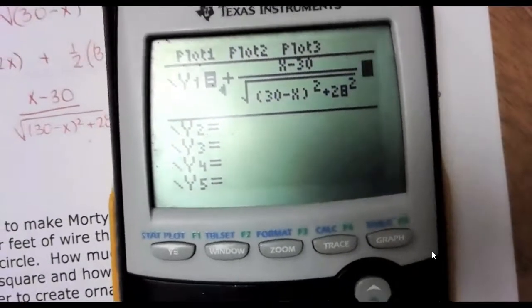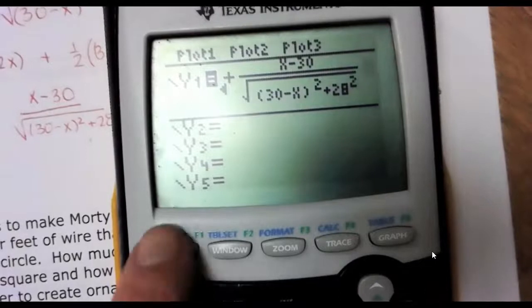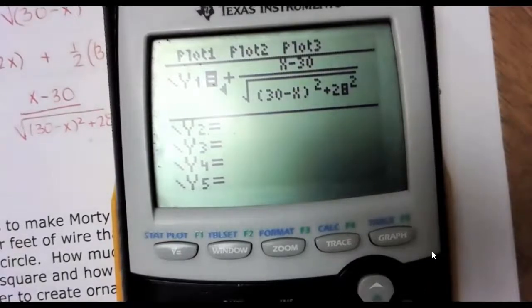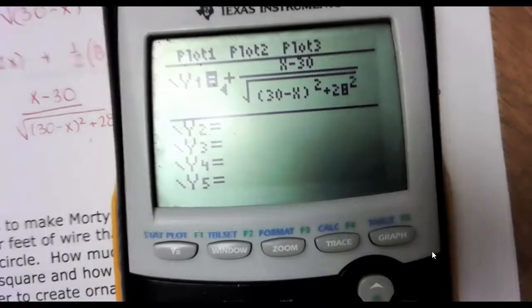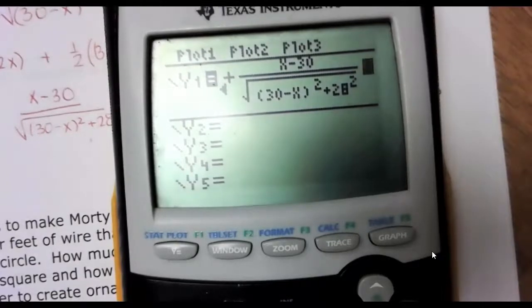Okay, so you can see I used the alpha y equals technique to get my fractions. I double check to make sure all my squares are in the right place, and then I am going to go over to my graph.